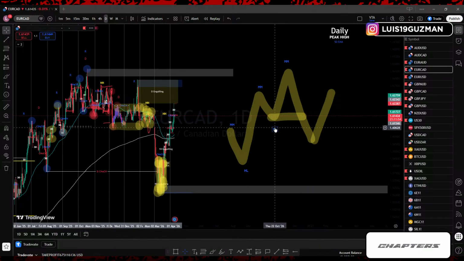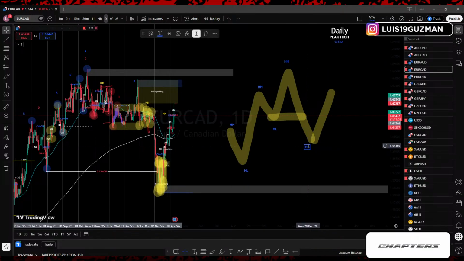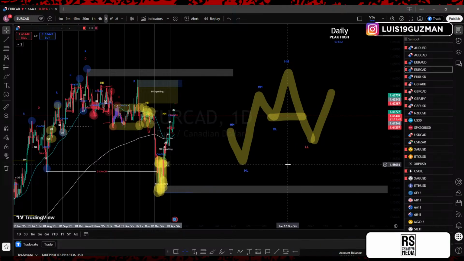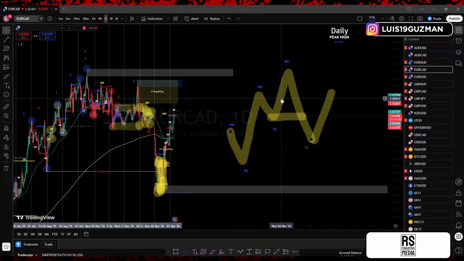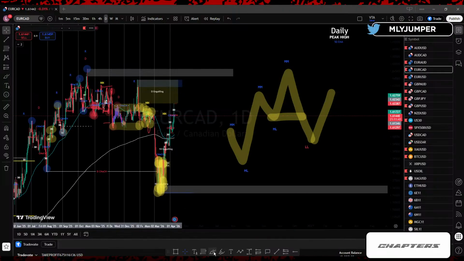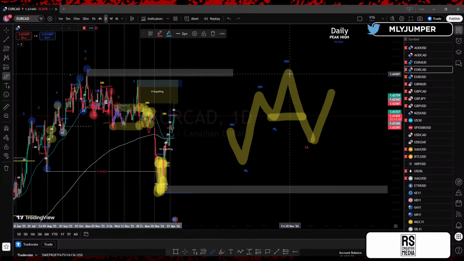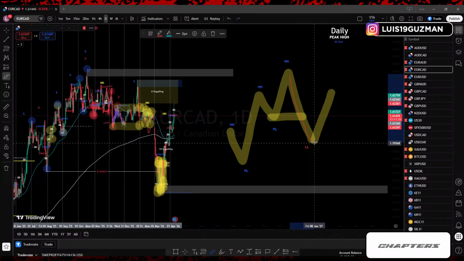Then price gives you a lower low. After a lower low is set, what does price need to do? It needs to give you a lower high point, right? A lower high point is price moving from the bottom of the market to the top side.